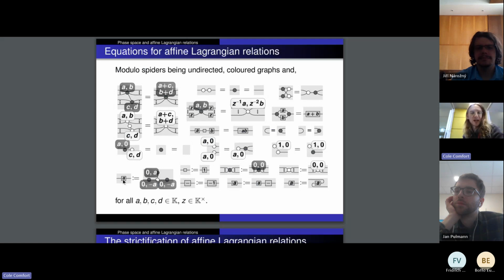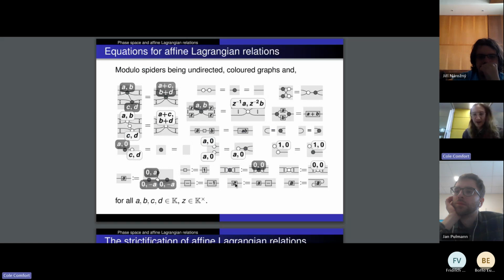Particularly you have this A box, and when you take A to be 1, this corresponds to the symplectic Fourier transform. When you take A to be -1, this is the inverse symplectic Fourier transform. And if you compose an A box with the inverse symplectic Fourier transform, this gives you the scalar multiplication by A, but in a doubled sense.